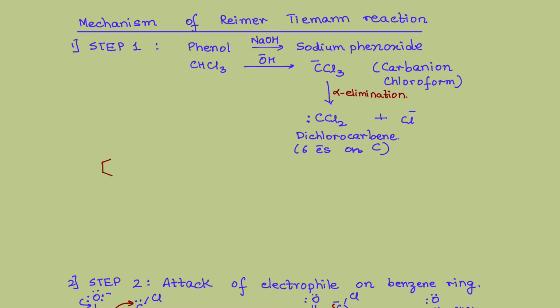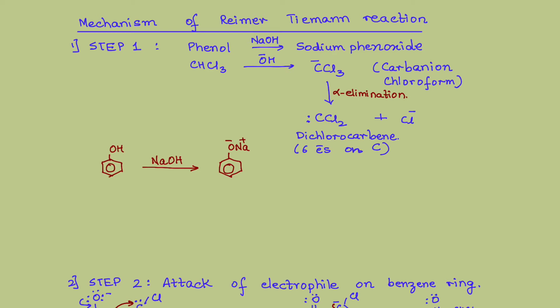So our phenol here, we know that phenols are good acidic substances. In the presence of a base, that is NaOH, our phenol gets converted into phenoxide ion. You remember we wrote the reaction, it gets converted into sodium phenoxide.